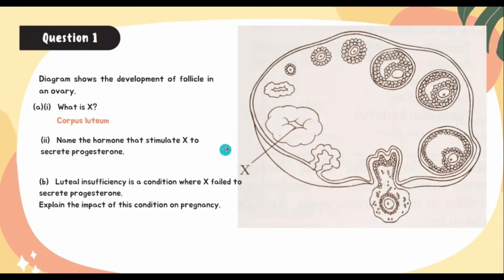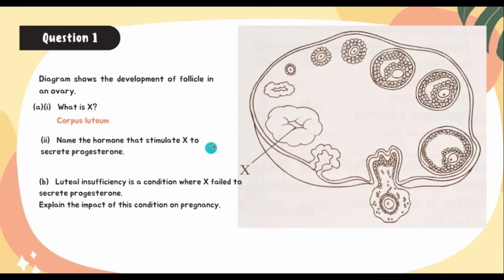To answer this question, you must be able to relate the hormone level to the development of follicles in the ovary. So how many hormone levels do you need to know? There are 4 hormone levels. We have follicle stimulating hormone, luteinizing hormone, estrogen, and progesterone, which is this one.